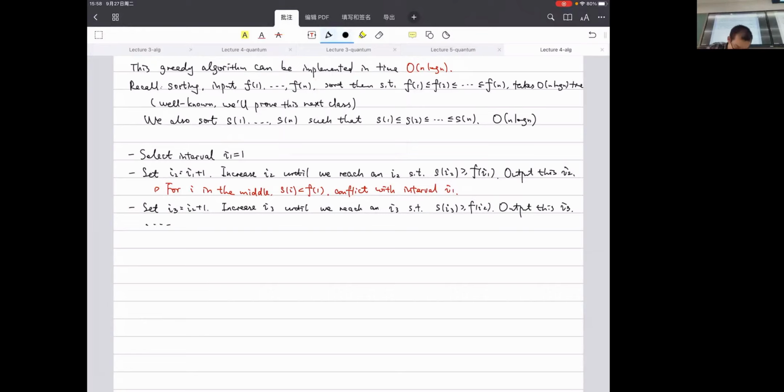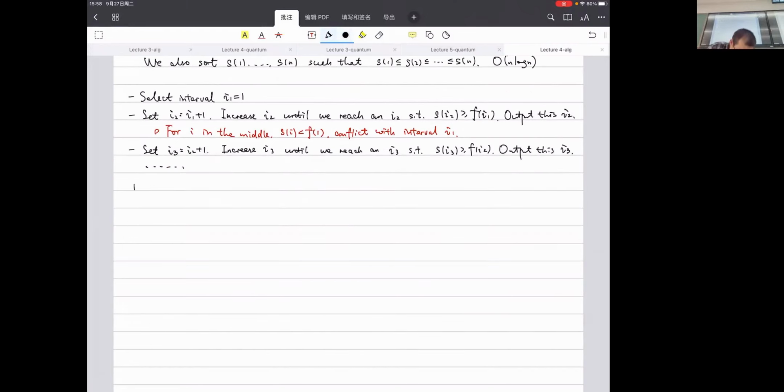We just do this again and again. So the total number of attempts is smaller than n. We are very careful about the I we use here.